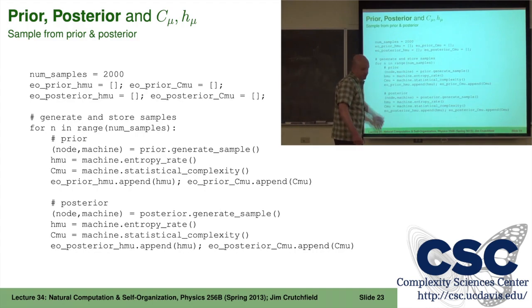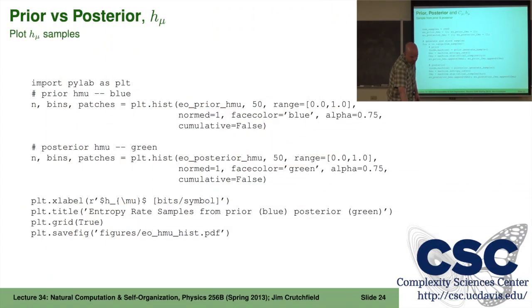And so we're doing all of these at the same time, and we can, again, look at what these look like. And again, some of this is hopefully useful code for people who want to use this for projects, in that we're going to feed this then to histograms. So our prior samples, posterior, we're going to make blue and green and print them.